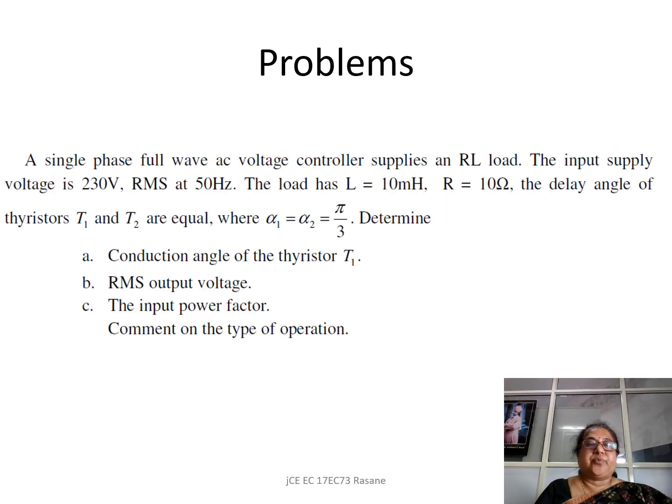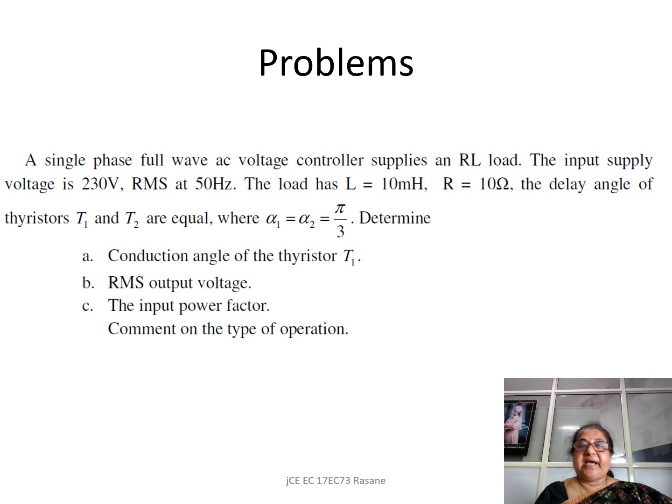Let us look at a problem that we are solving here. A single phase full wave AC voltage controller supplies an RL load. The input supply voltage is 230 volts RMS at 50 Hz. The load has L equal to 10 millihenry and R equal to 10 ohms.